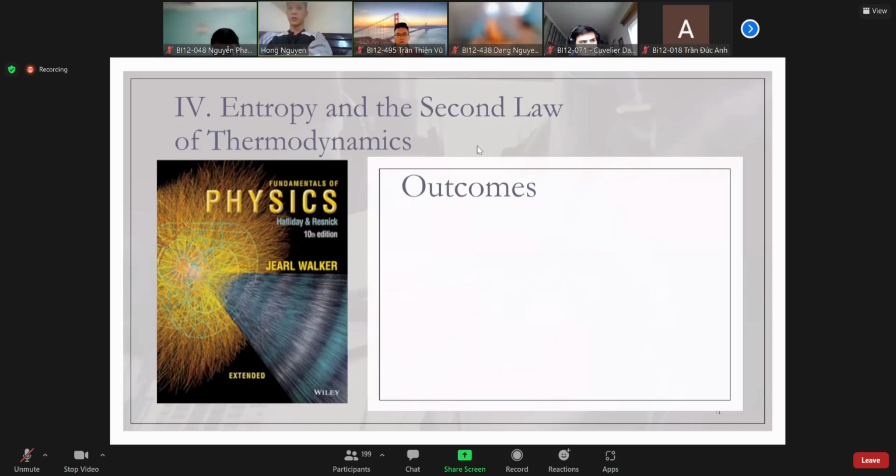Now today we talk about entropy. Try looking for the equivalent of the word entropy in Vietnamese, because it does not exist.